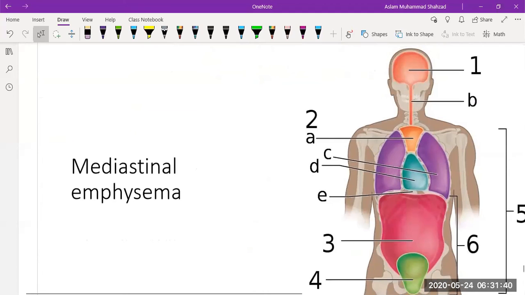Then we have mediastinal emphysema. What is mediastinal emphysema? It is caused by the entry of air into the interstitium of the lung, from where it may track to the mediastinum and sometimes the subcutaneous tissues.